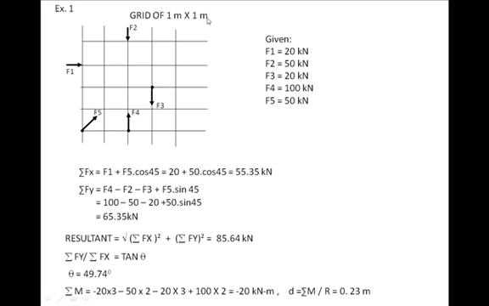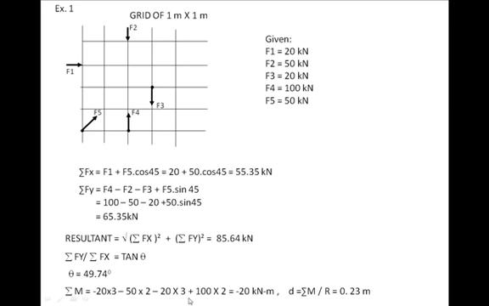For example, F2 is 50, and the perpendicular distance from the origin is 2, so 50 into 2. Then we have taken F3, so the magnitude is 20 into this distance, 3. So 20 into 3.